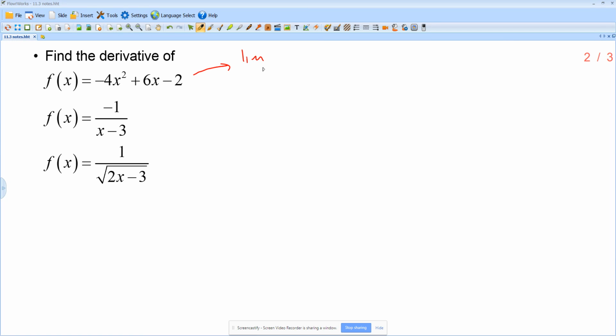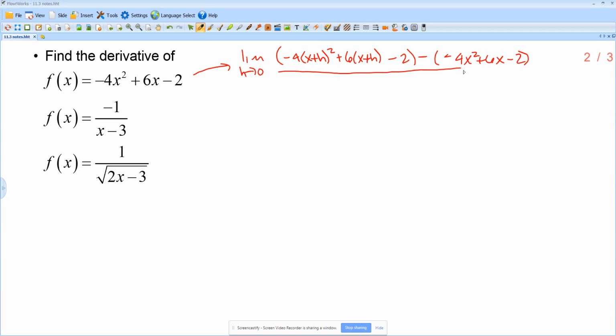So the limit as h approaches 0 of -4 times (x plus h) squared plus 6 times (x plus h) minus 2 minus the original function, -4x squared plus 6x minus 2, all over h. I told you these will come back with a vengeance. I wasn't lying. Now I'm going to FOIL this out, multiply it by -4 and distribute this 6.